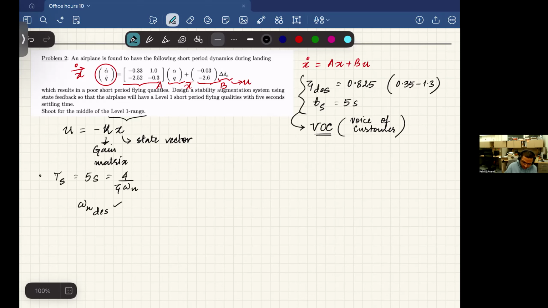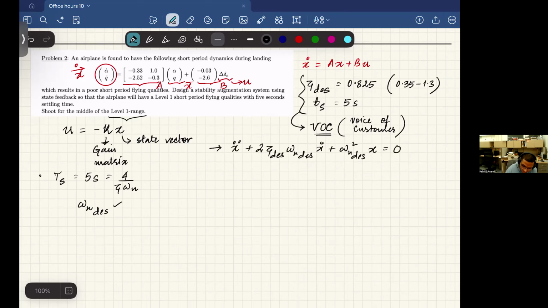So once you have your zeta desired and omega n desired, my second order equation should look like x double dot plus 2 zeta desired omega n desired x dot plus omega n desired squared x equals 0, or some forcing term.